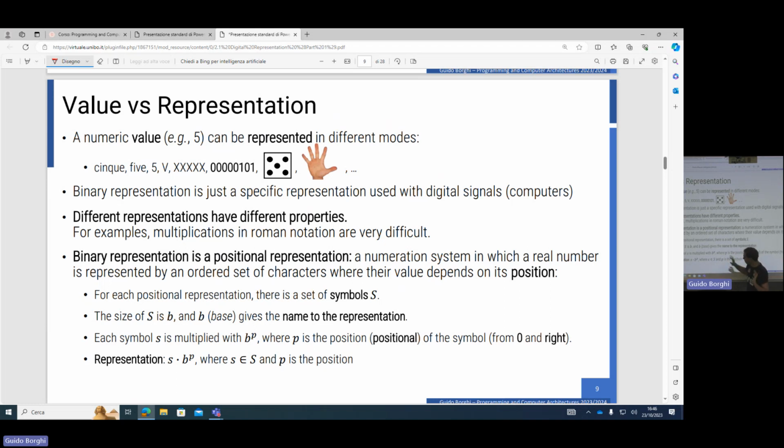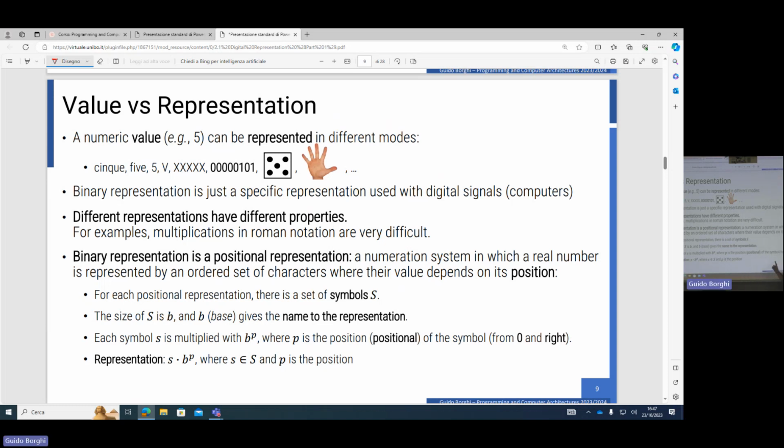So S is multiplied by B to the P. S is the symbol, B is the base, the number of different symbols that we have, and P is very important since P is the position. That's why we call this system positional representation, since the position is very important. So in B to the P, P is the position of the symbol that we are going to represent.